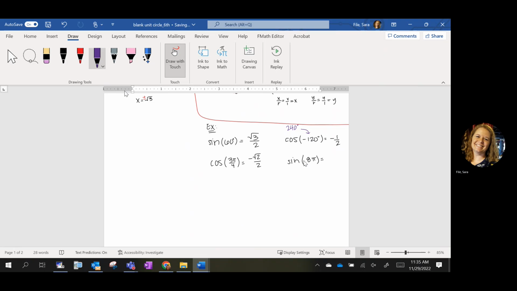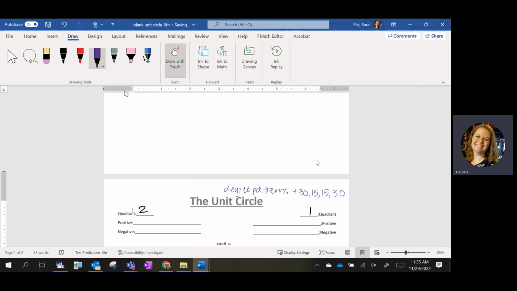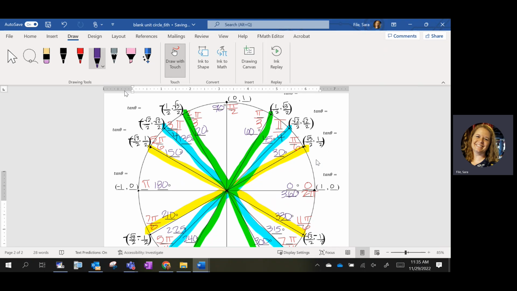Okay. All right. Sine of 8 pi. 8 pi is definitely not listed on our unit circle, but can we rotate around until we get to 8 pi? Okay, so let's look at our unit circle. What is a full circle in radians? 2 pi.